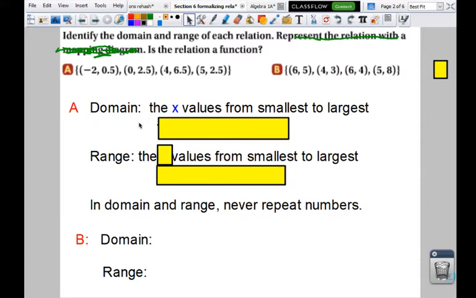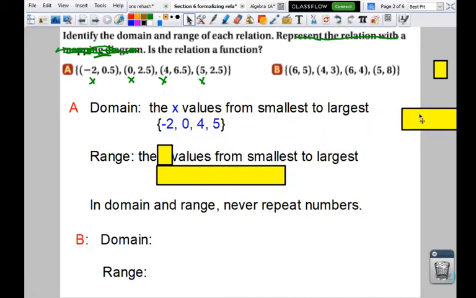So if I'm going to list my domain, I'm going to take all my X values, and remember X are these numbers in front right here. X, X, X, X. We're going to go from smallest to biggest, and we're just going to list them. So my smallest is -2, and then 0, and then 4, and then 5. Sometimes they're nice like this, sometimes they're not. So this one's nice and easy to list my domain. So I'm going to go -2, 0, 4, 5.